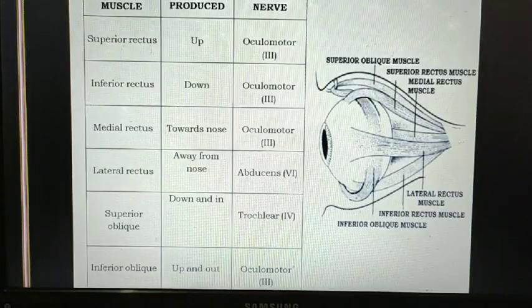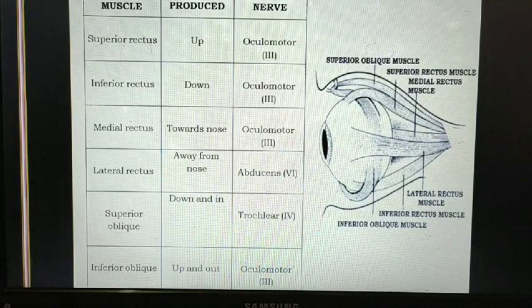Next we will see about the movements of the eyeballs due to the contraction and relaxation of the extrinsic muscles. The light rays from objects enter the two eyes at different angles and should stimulate the corresponding areas of the two retinae.